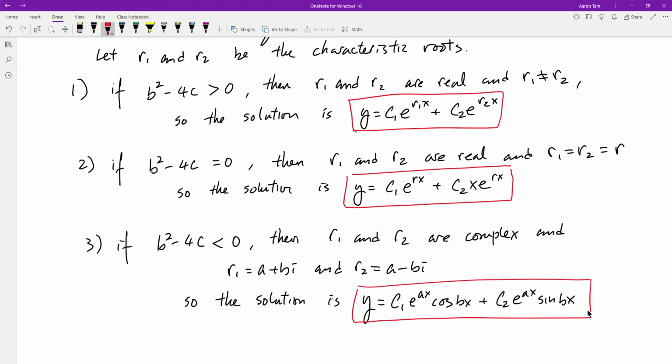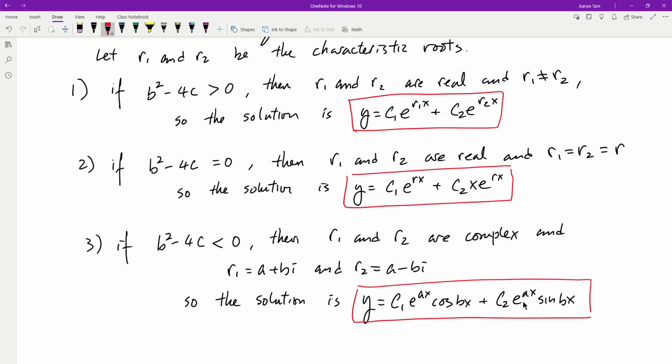Now, a very common mistake that students always ask about is the following: shouldn't there be an i for the sine bx part? The answer is no. The reason is that C2 is an arbitrary constant, and we simply have to understand that C2 could be complex, and therefore automatically have the i in it once we find it.